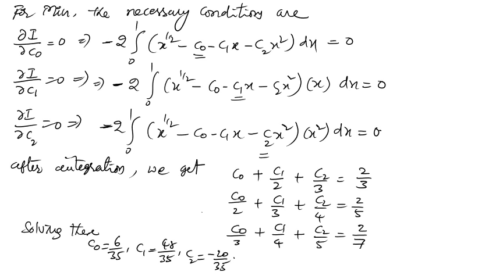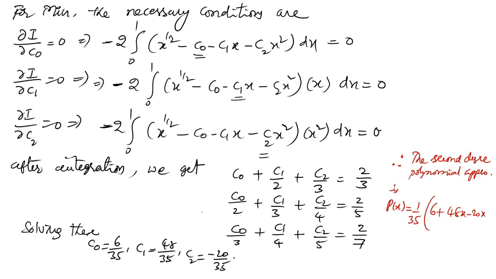Therefore the second degree polynomial approximation is P of x equal to, 1 by 35 being common, 6 plus 48x minus 20x square. This is the second degree approximation. Okay, now for straight line and for parabola, let us derive the normal equations directly.